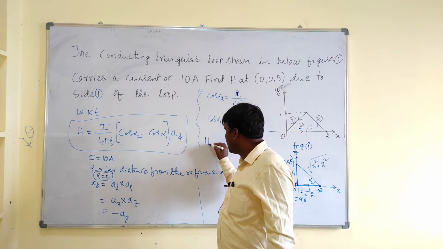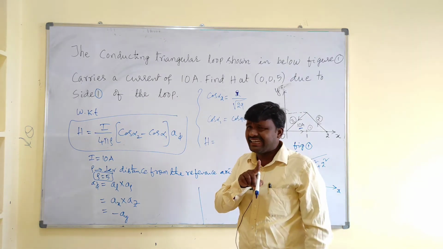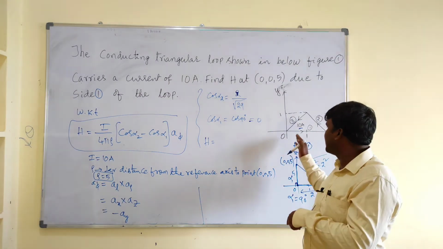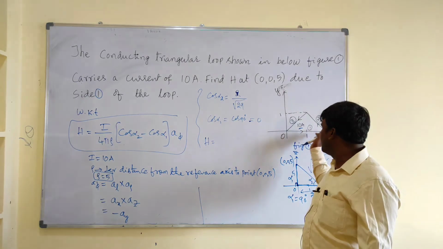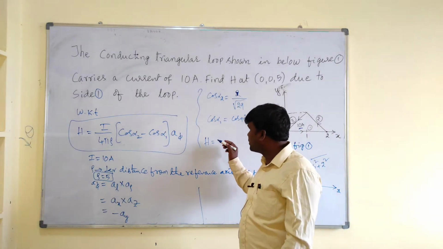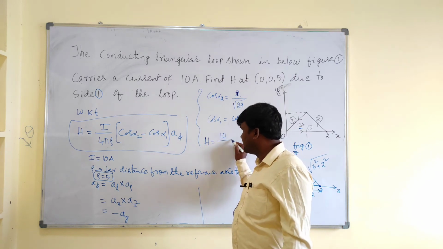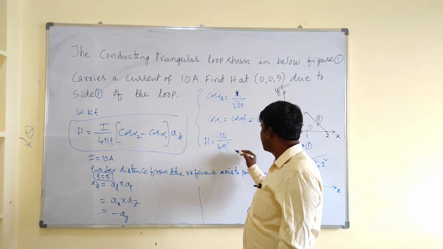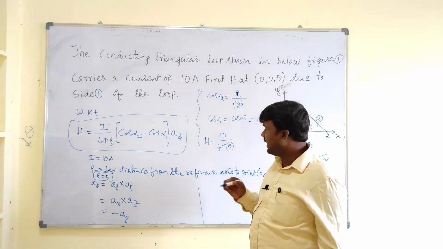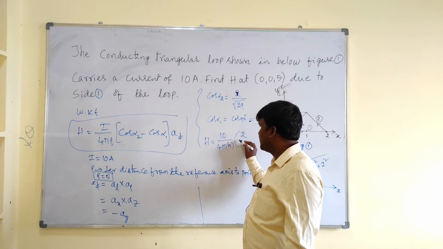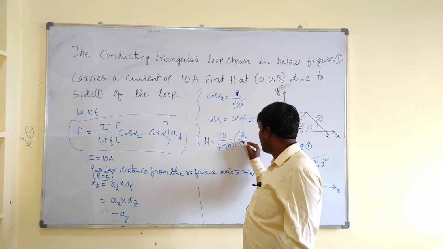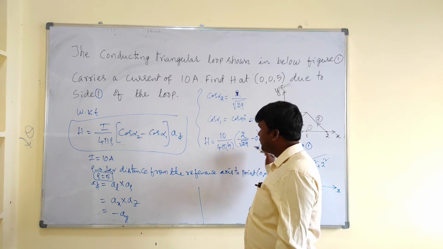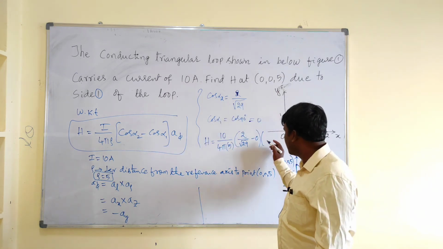We get H due to this side 1 as a finite straight current carrying conductor, because it has a finite length, from the origin to 2 units. So H equals I, which is 10, over 4 pi rho, with rho equal to 5, times (2 by root 29 minus cos alpha 1, which is 0), into a phi, which we calculated as minus ay.